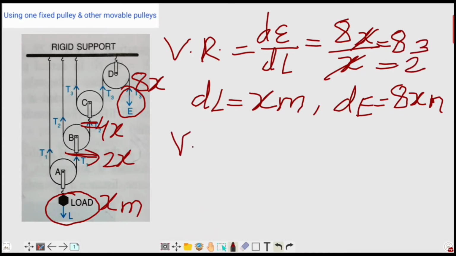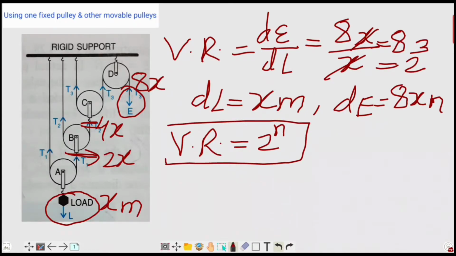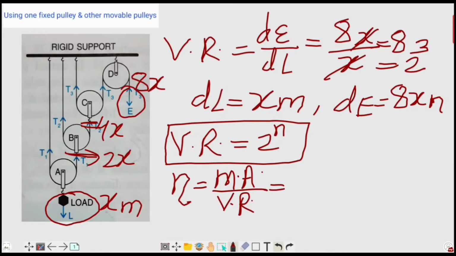So this indicates that the velocity ratio in this case is also 2 raised to n, where n indicates the number of movable pulleys. When you want to calculate the efficiency, you know it is MA by VR. So you got 2 raised to 3 as MA previously, and VR is also the same.